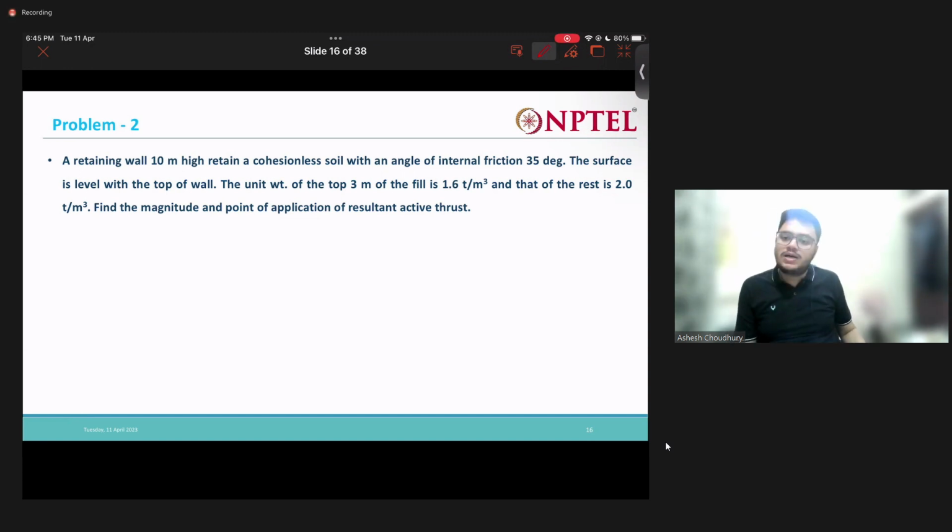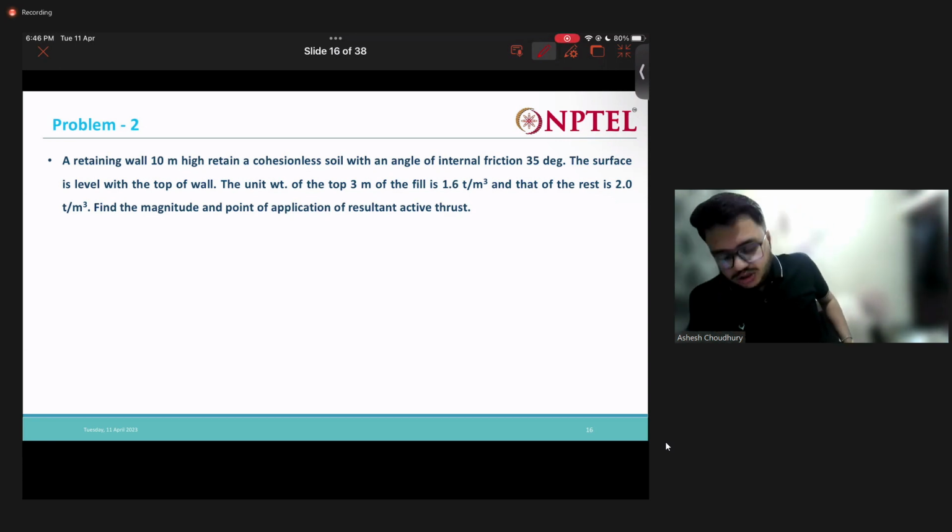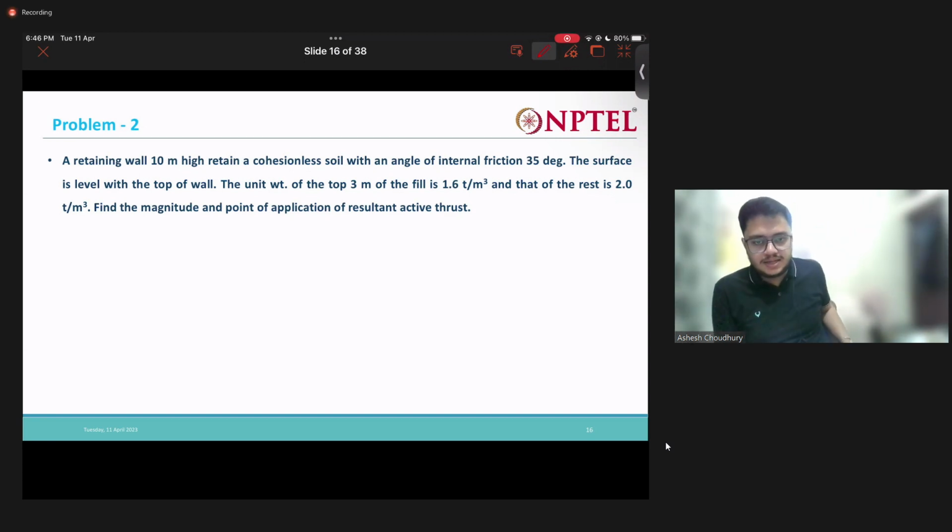Okay, so a 10-meter high retaining wall retains a cohesionless soil with an angle of internal friction of 35 degrees. The surface is level with the top of the wall. The unit weight of the top 3 meter of the fill is this one, the rest is this one. Find the magnitude and the point of application of the resultant active thrust.